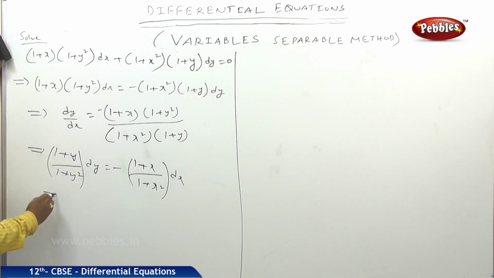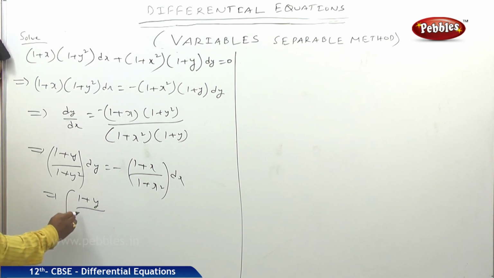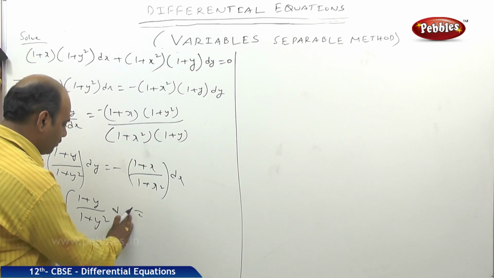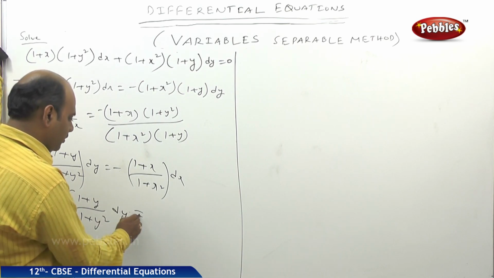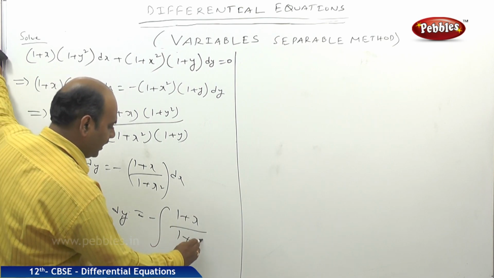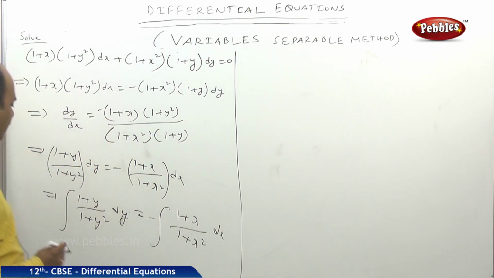So I need to integrate on both sides. So the integral of (1 + y)/(1 + y²) dy is equal to minus the integral of (1 + x)/(1 + x²) dx.